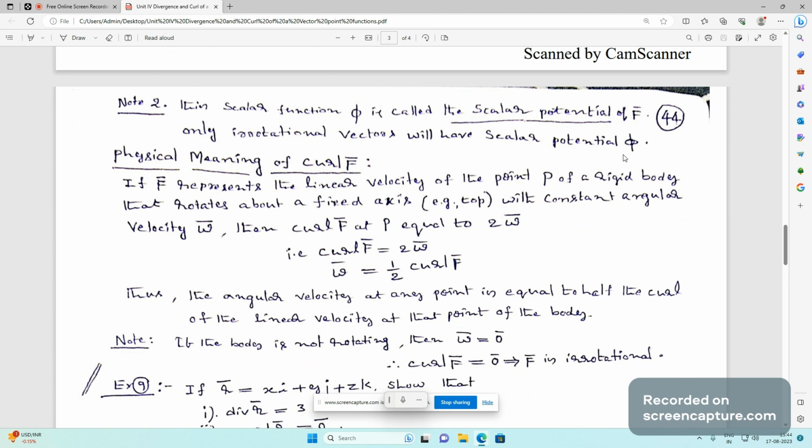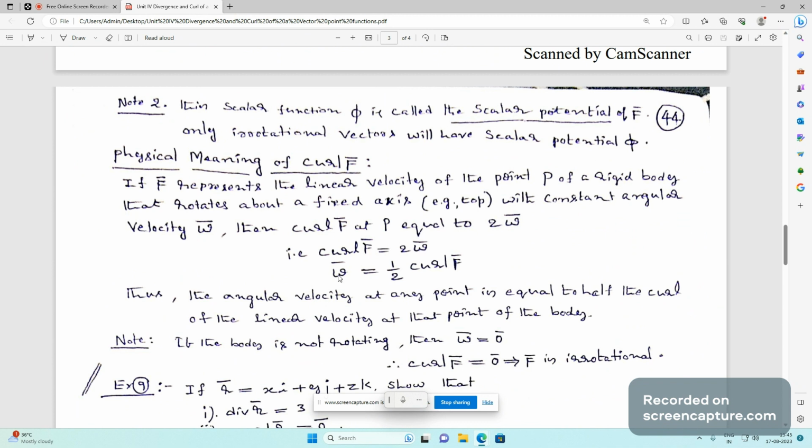Next, the physical meaning of curl f bar. If f bar represents the linear velocity of a point P of a rigid body rotating about a fixed axis, like a top, with constant angular velocity omega bar, then curl f bar at P equals twice the angular velocity, that is curl f bar equals 2 omega bar.